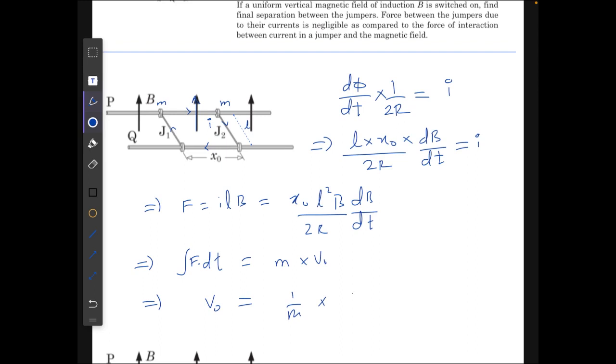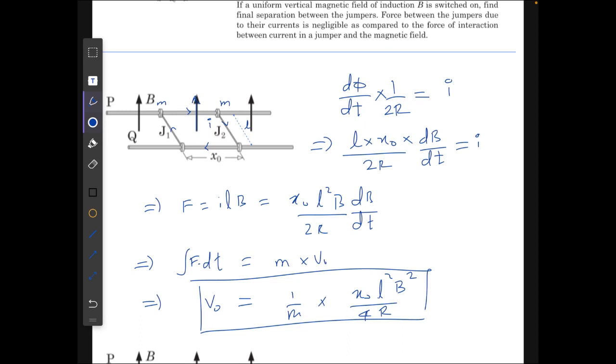Integrating B, what we get is x naught L square B square by 4R. So this is the velocity gained by each of the rods just after the magnetic field is switched on and it gains its maximum value.